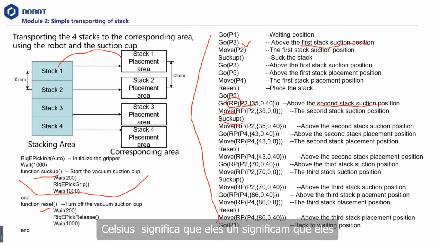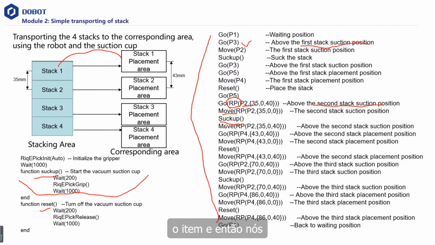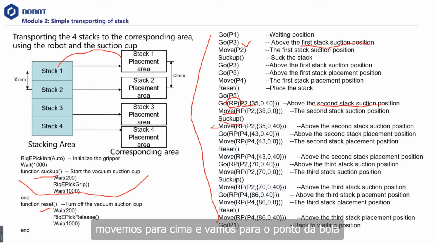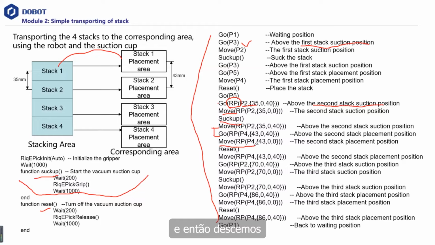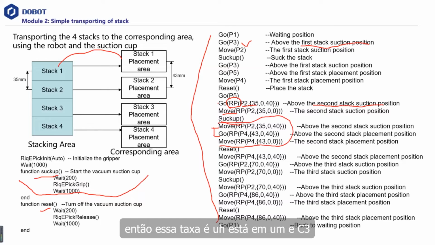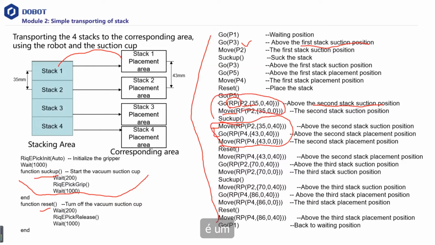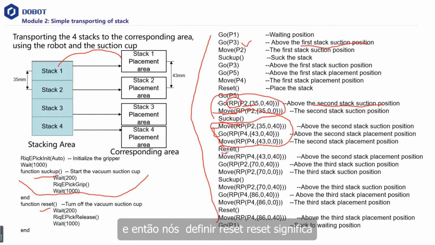This means that we pick up the item, and then we move up, go to the point above, and then move down. Then reset means to release the box at the destination.